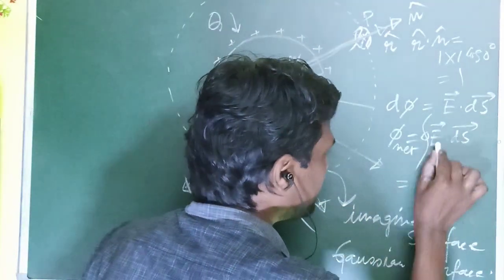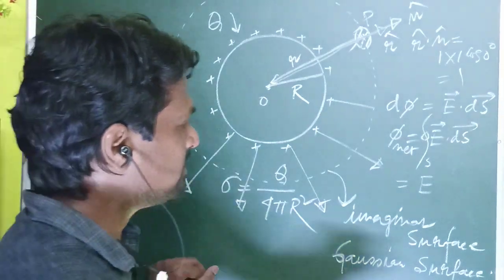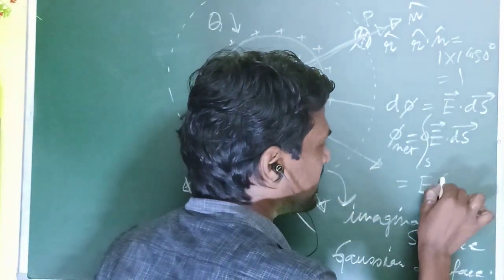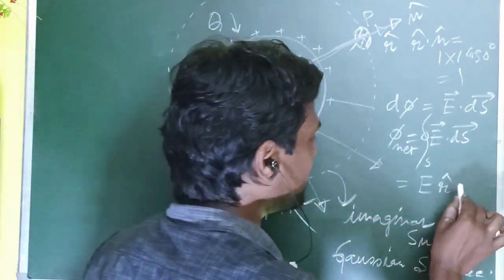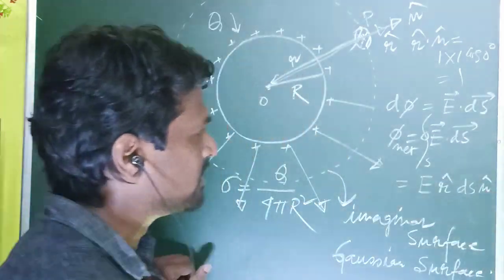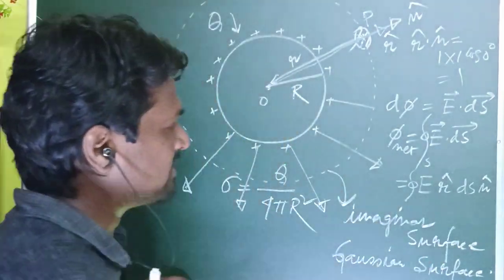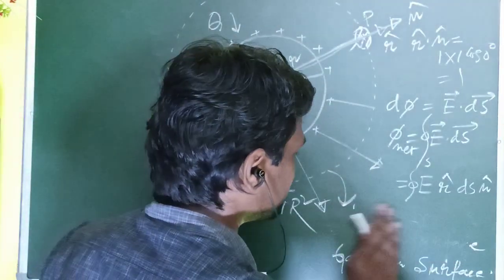So electric field E is a vector quantity, so you can write E with a unit vector, then ds vector, and here ds also has a unit vector. So this is a closed surface integration of either of these.